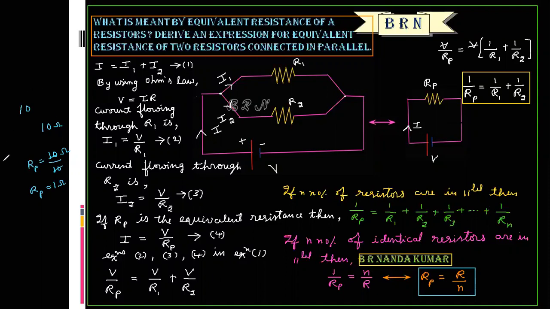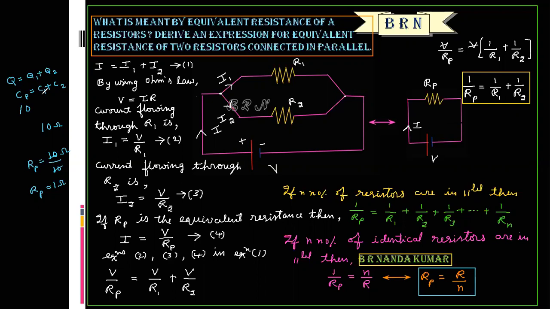So the net charge is given by the sum of charges on individual capacitors. Q is CPV. So CPV is equal to C1V plus C2V. V is common, it cancels, and finally we will get CP is equal to C1 plus C2.